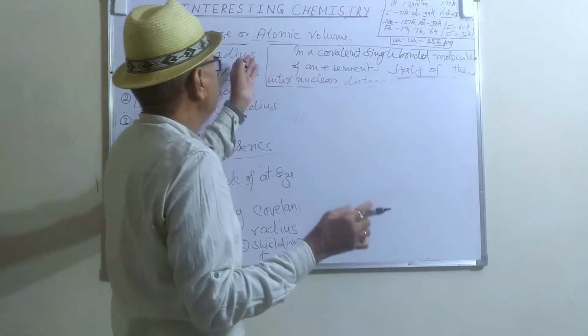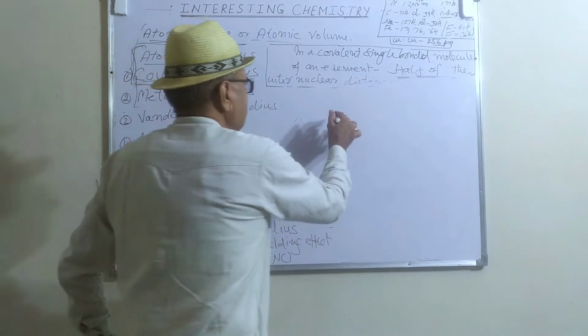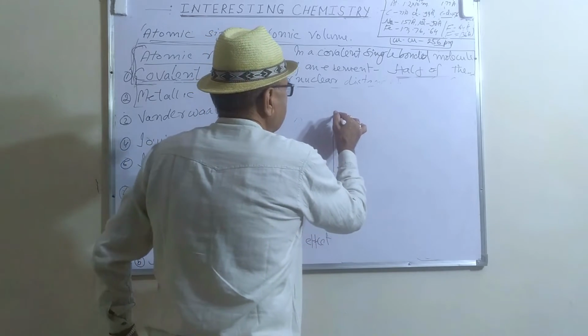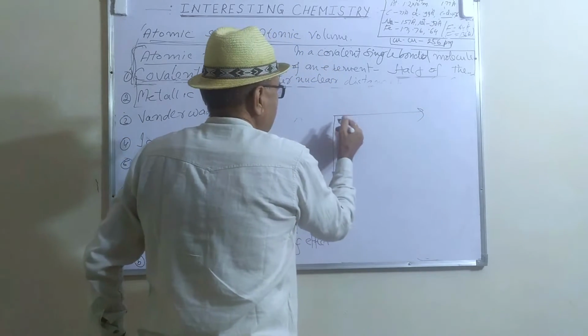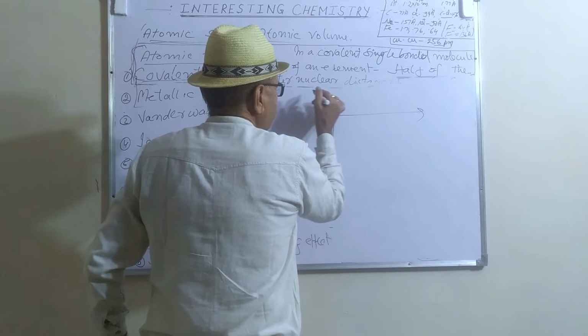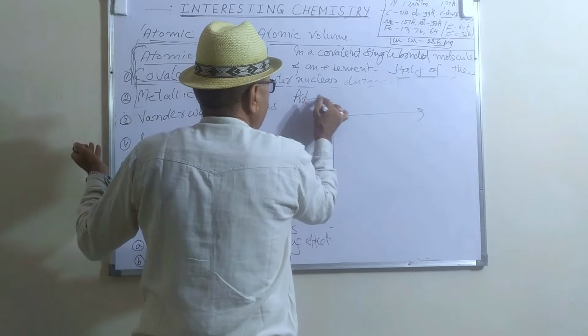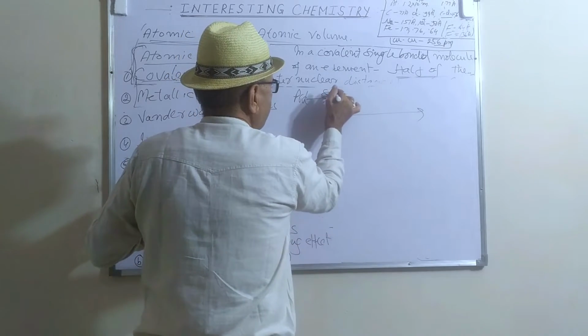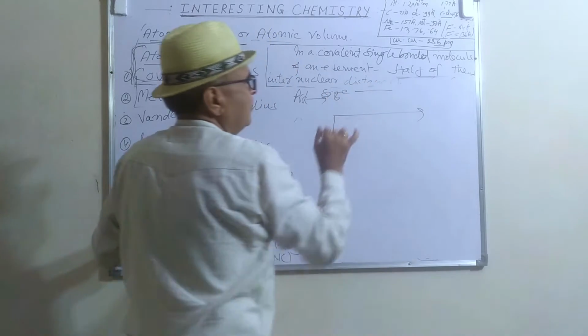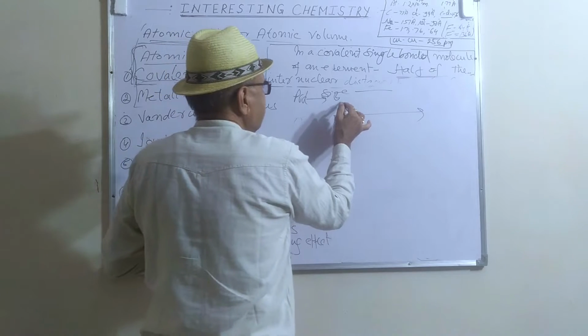So I have to discuss the atomic size in the periodic table. You know, this is the periodic table. This is about the period: when we move in a period from left to right, the size of the atom always decreases.